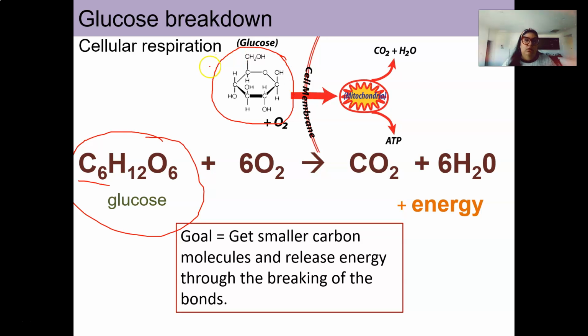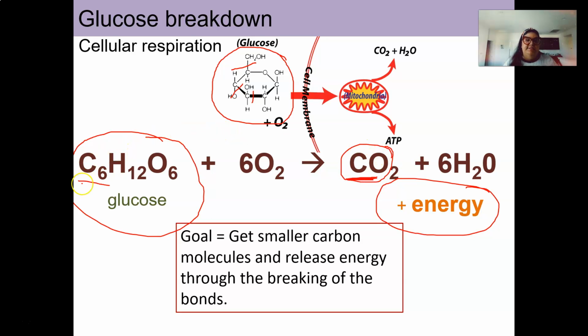And the goal of cellular respiration is to break these bonds. We're going to break all these bonds in here that carbon has, and it stores energy in those bonds. And the energy is released here. So I'm going to break all the bonds and make single carbons. And the single carbons are released as CO2.